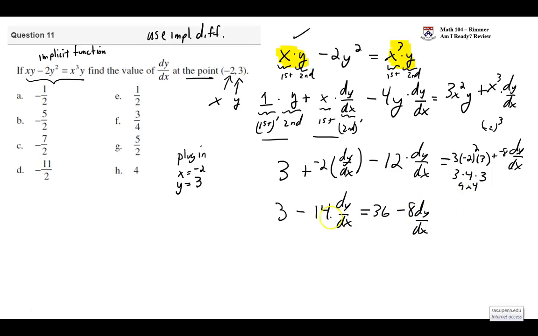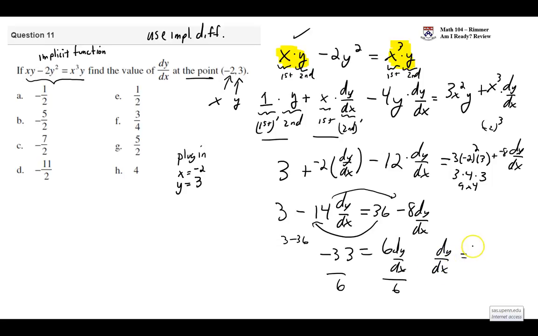And then, yeah, we'll just maybe ship these over and get 6 dy dx. Ship these over, take away 36, and get a -33. And divide by 6. So isolate the dy dx term, and we'll find out then that dy dx is -33 over 6. You won't see that on the multiple choice.